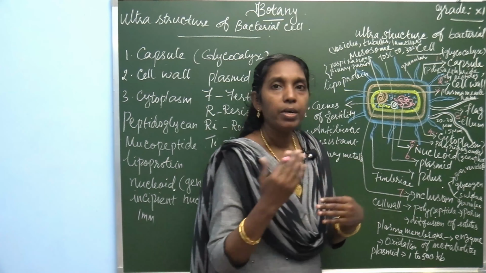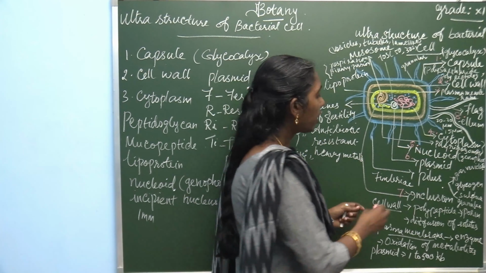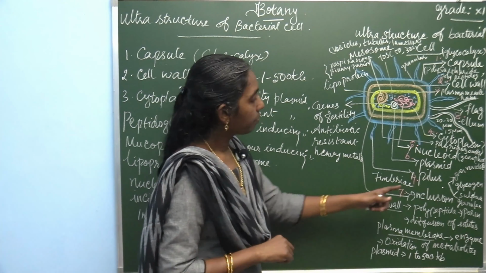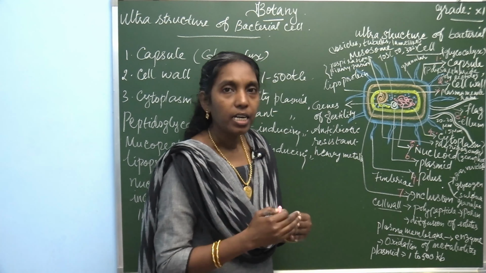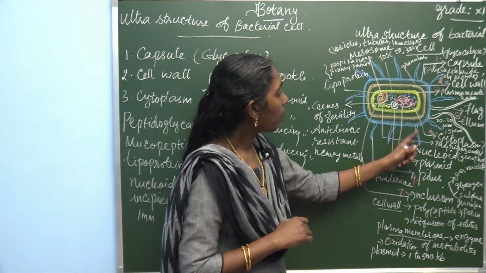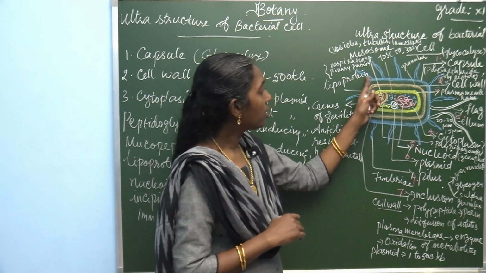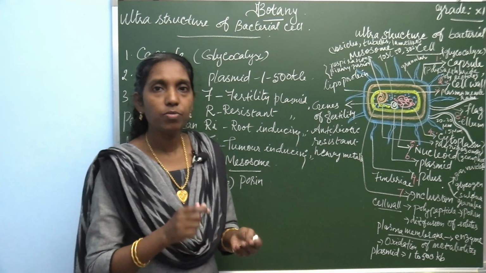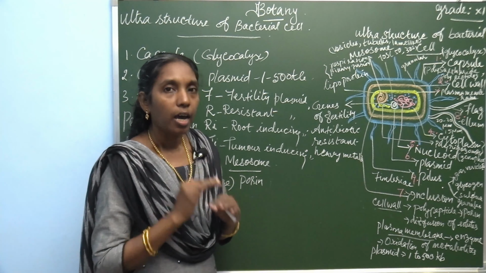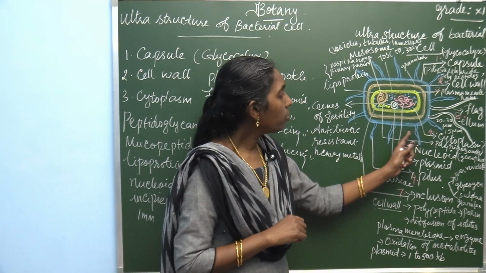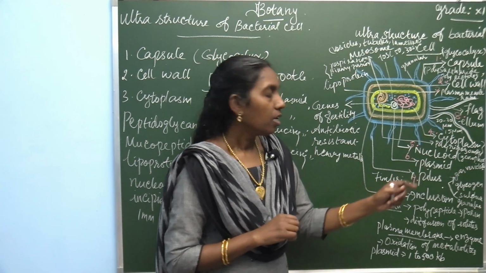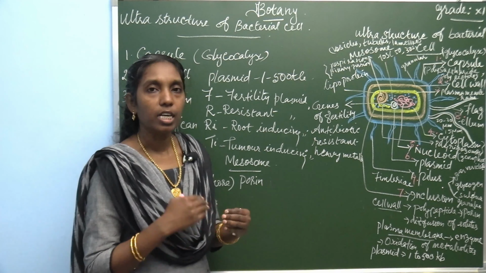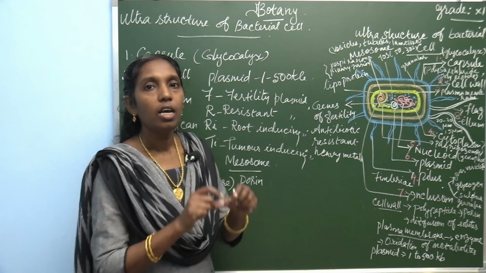Now, apart from the flagellum, there is another structure called pilus. The pilus is a small hair-like appendage which helps for attachment. In addition to the normal pili, there are some pili used at the time of reproduction, during conjugation.